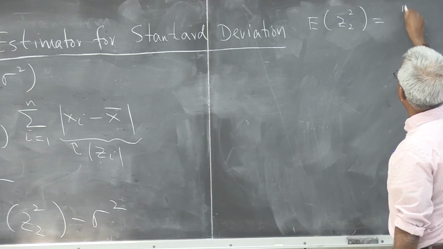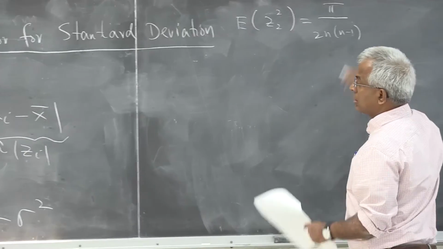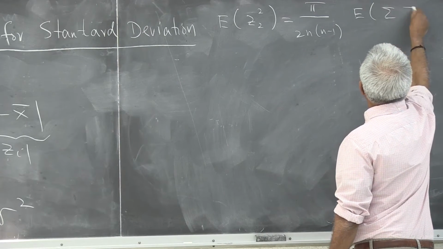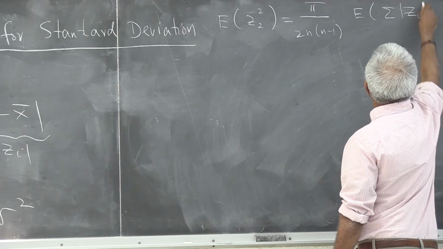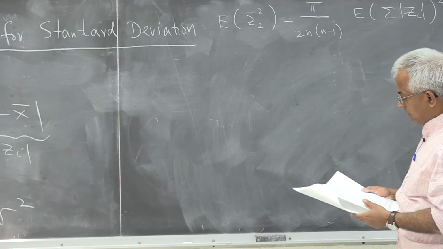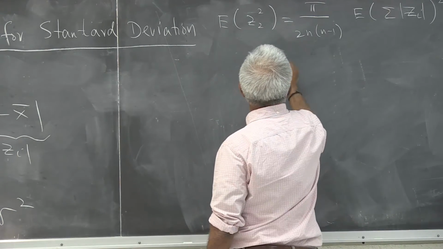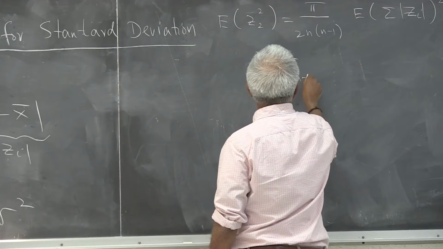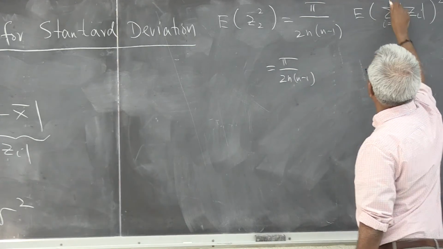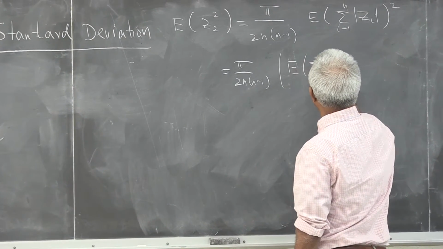which is pi over 2n into n minus 1, times the expected value of zi squared. So of course this is pi over 2n n minus 1, with i equal to 1 through n. So this is two terms.